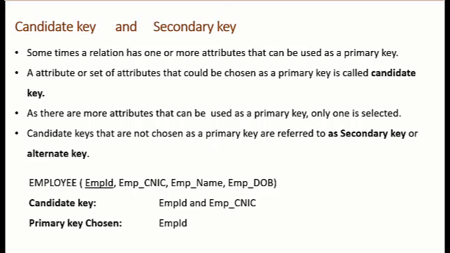The second attribute could also have been used as a primary key but was not chosen. So the leftover candidate keys are called alternate keys or secondary keys. So employee CNIC number is a candidate key or a secondary key.